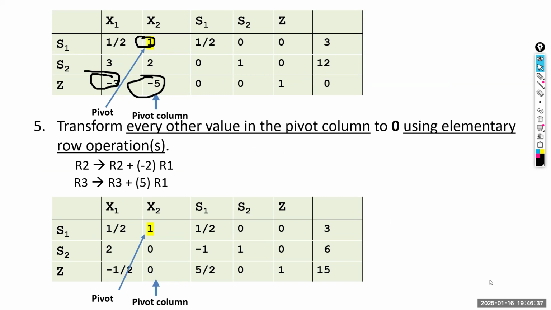Simple as that. So now you have finished your iteration 1. Because this is your pivot, you replace S1 with X2. Then you are done with iteration 1. Okay.